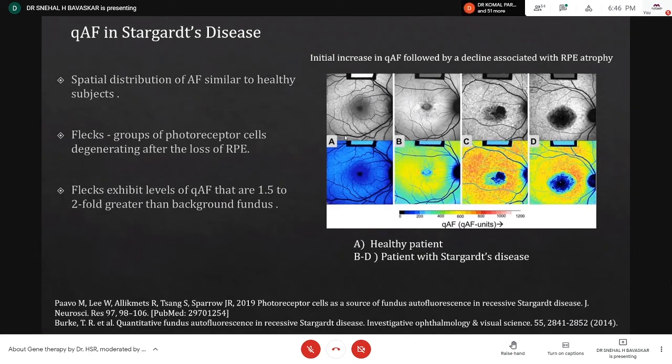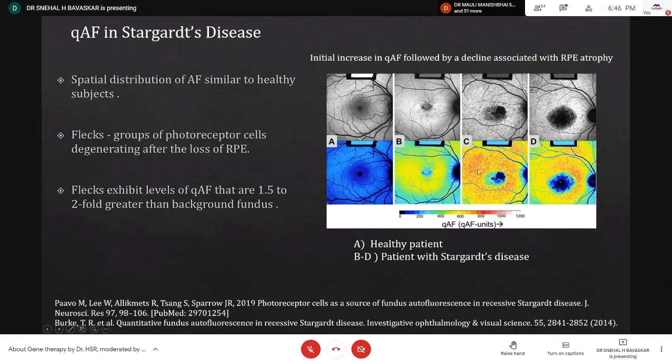Here, patient A is a healthy person, and B to D are persons with Stargardt's disease detected at different stages. We see the normal color-coded map in patient A, and this is the disease progression.